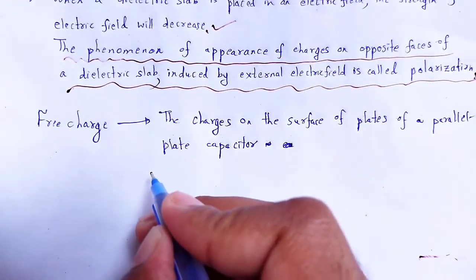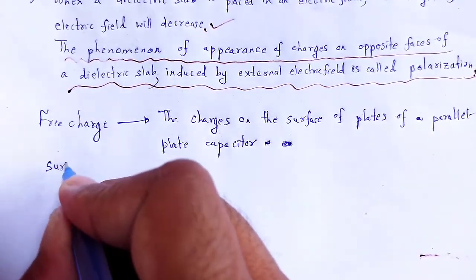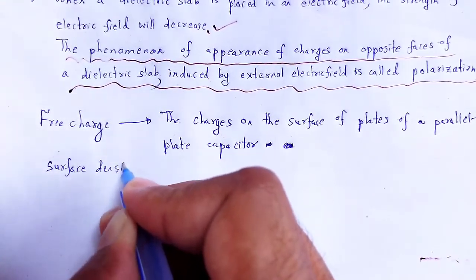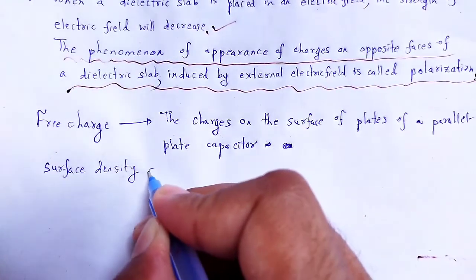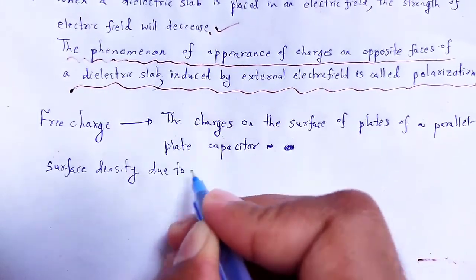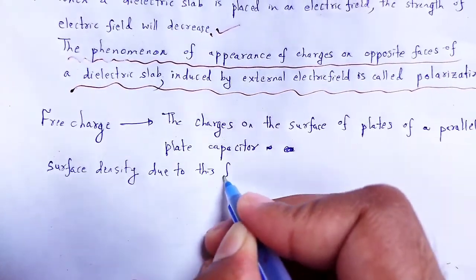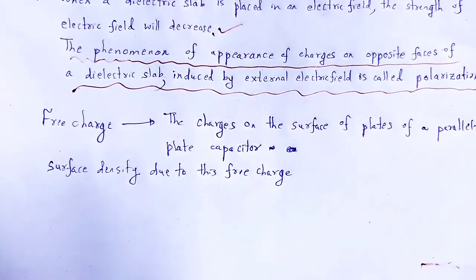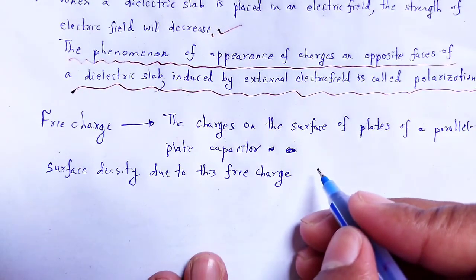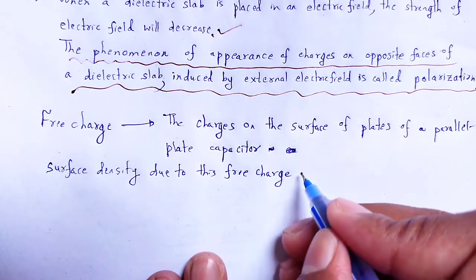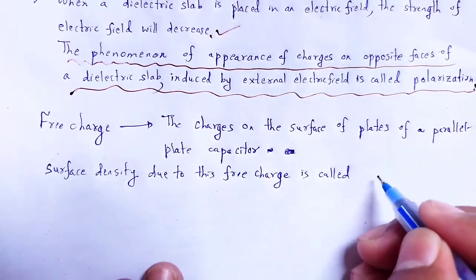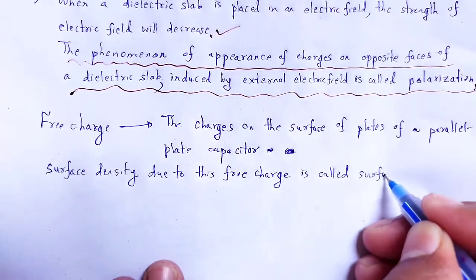Surface density due to this free charge is called surface density of free charge.